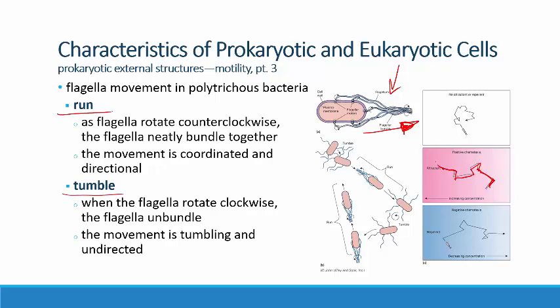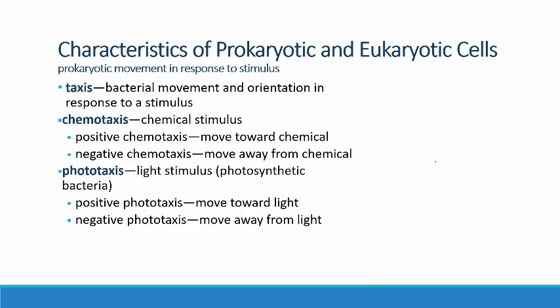And that is how bacteria track down, for instance, a chemical that they are attracted to. So tumbles being very disorganized and kind of flailing about, and a run being a very directional movement.